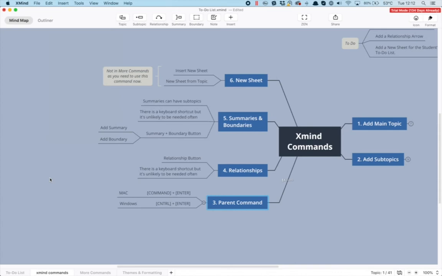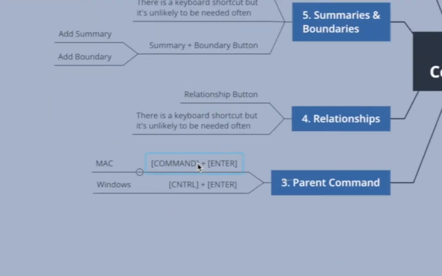You also have keyboard shortcuts, and they are Command and Enter on a Mac and Control and Enter on Windows. Let's highlight this element, and I'm going to hit Command and Enter. And here is my parent topic. It's been inserted before the subtopic on the same branch.